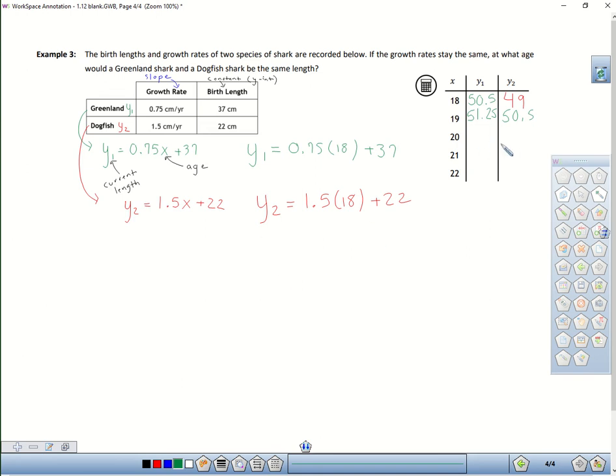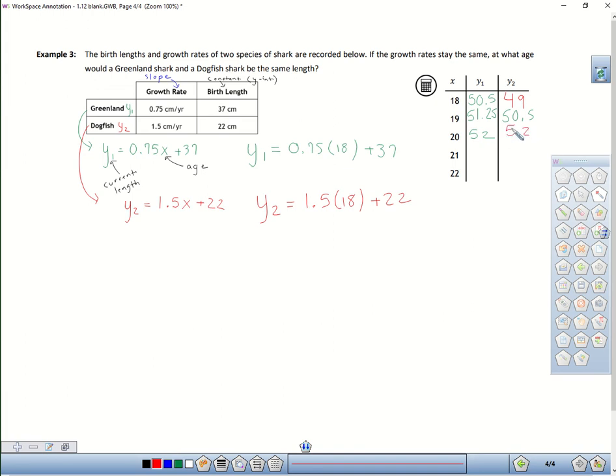And now lastly, we'll do 20. So if I plug in 20 into the first equation, I get 0.75 times 20 plus 37, which is 52. And then I'm going to do the same thing in the other equation. So 1.5 times 20 plus 22.